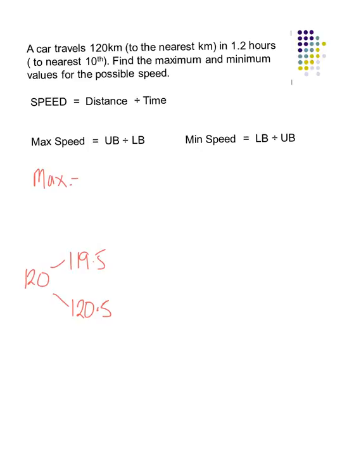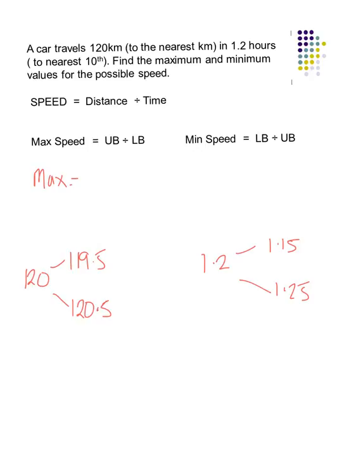If we're looking at the time, I've got a time of 1.2 hours to the nearest tenth, so the minimum is going to be 1.15 hours and the maximum is going to be 1.25 hours.